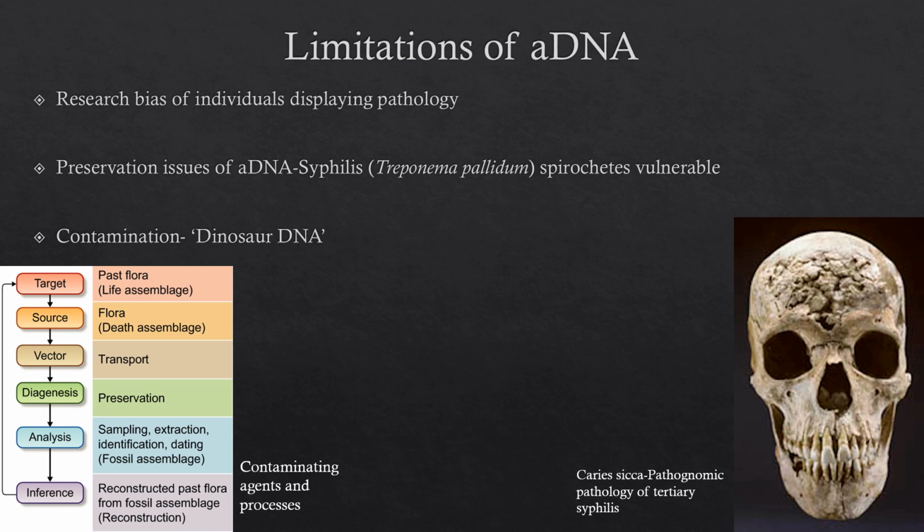Thirdly, there's contamination. There's quite a funny but sad story, I guess, of dinosaur DNA. This is when paleontologists were really excited in the earlier days of aDNA and thinking, oh, we can use this technique to find DNA of dinosaurs. Supposedly they found dinosaur DNA, but then someone rained on their parade and found out, oh, this is actually human DNA all this time.